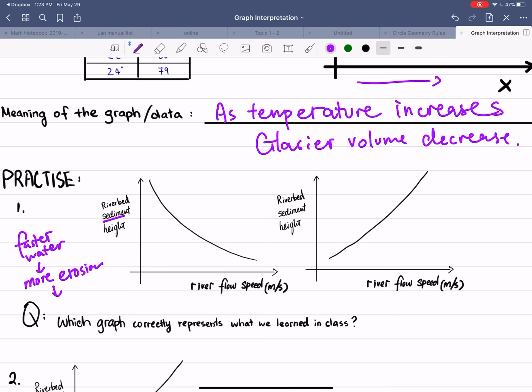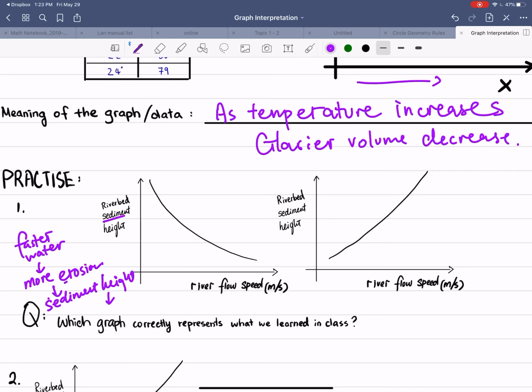And the sediment would actually be lower in height, because more erosion is happening. The faster water is carrying all the sand and dirt away from the riverbed. So the faster the water, the more the sediment height will decrease.